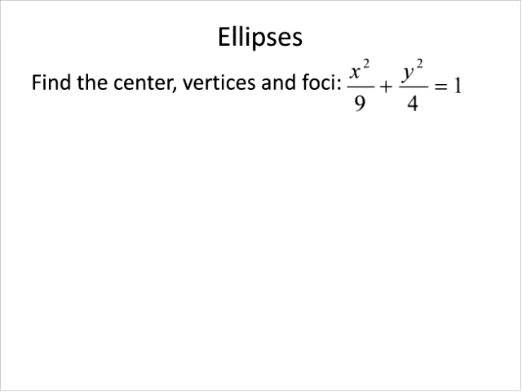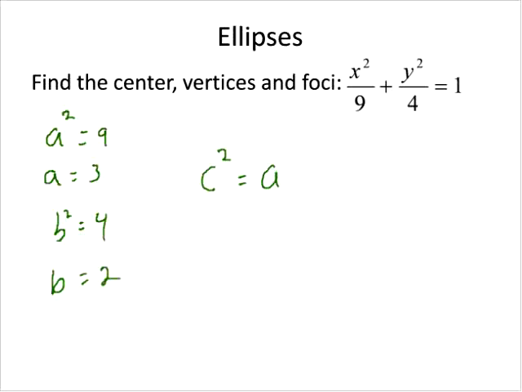So here we go. We've got an ellipse, and we want to find the center, the vertices, and the foci. So let's just identify some numbers here. a squared is 9, which means a is going to be 3. b squared is 4, which means b is going to be 2.